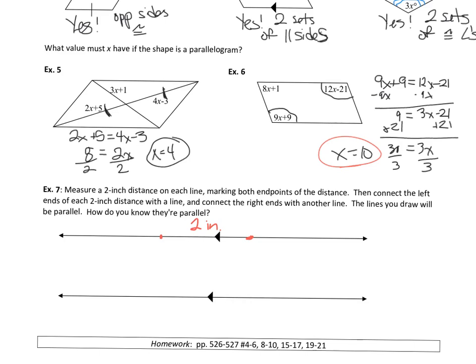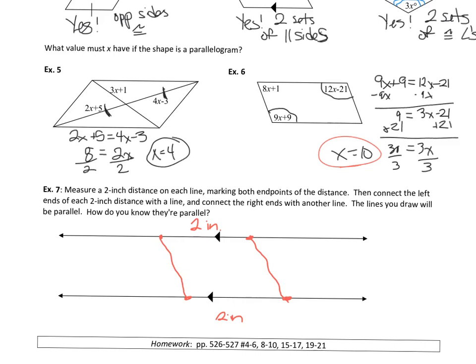Then it said to do it on both ends. So I'm going to come down here and say this to this is 2 inches. Again, I'm just approximating. Now I'm going to connect my 2 points in a nice straight line.